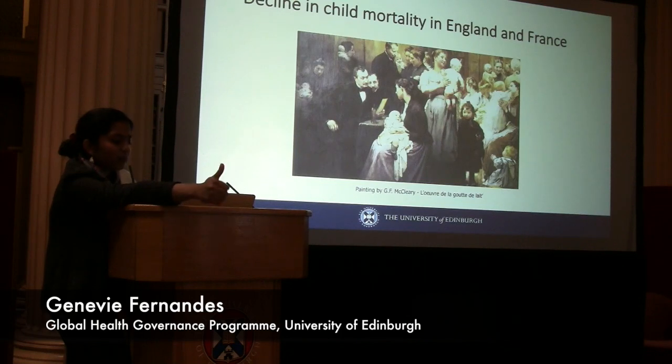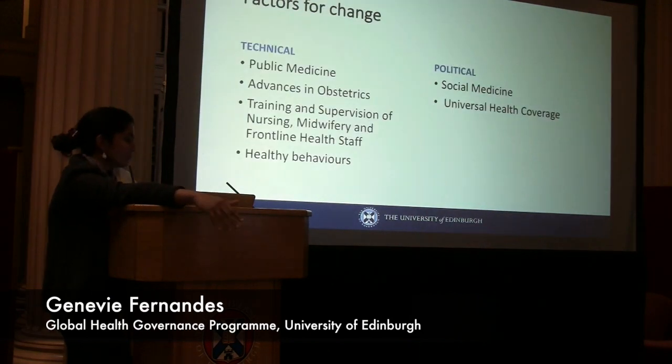Apart from breastfeeding and milk depots, there was another thing that drastically brought down child mortality rates, which was improvement in clean water supply and sanitary conditions. That just brought down rates of mortality due to cholera, due to diarrhea.